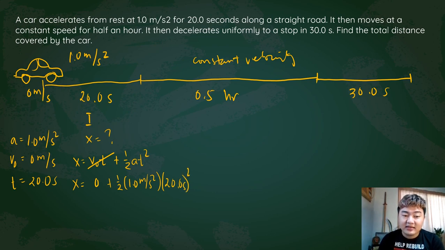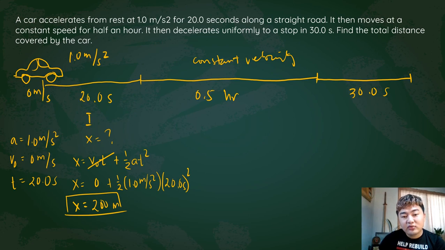Remember to square the time. Keying that into your calculator, 0.5 times 1 times 20 squared gives you 200 meters. So that is the displacement here, 200 meters.